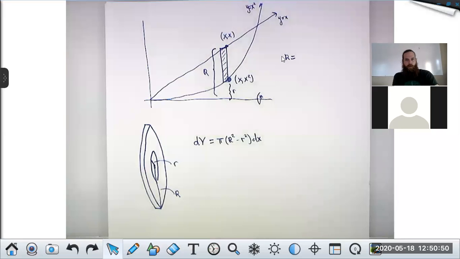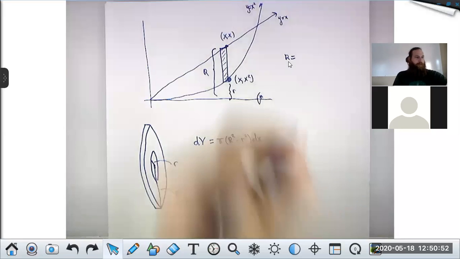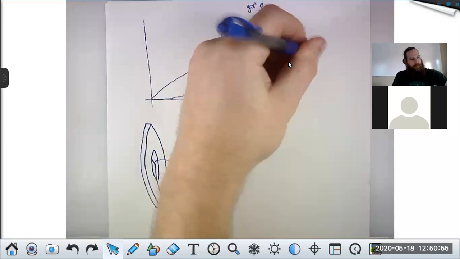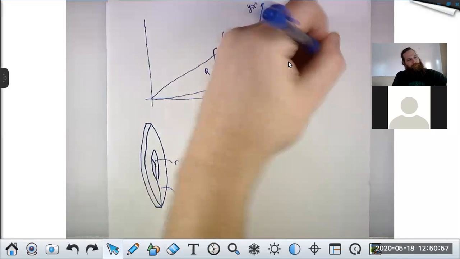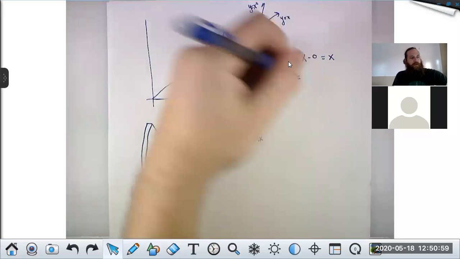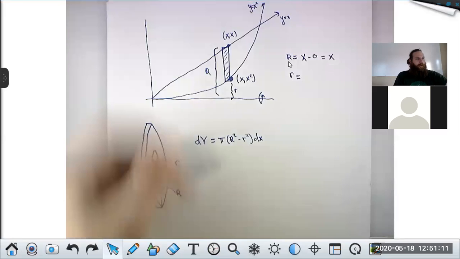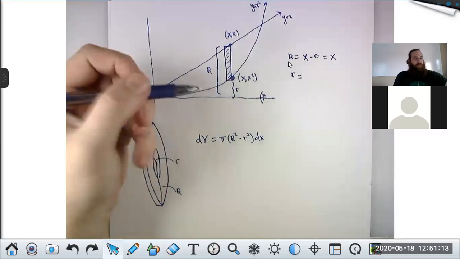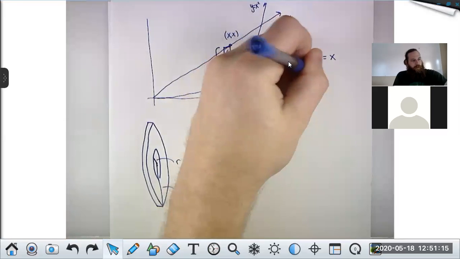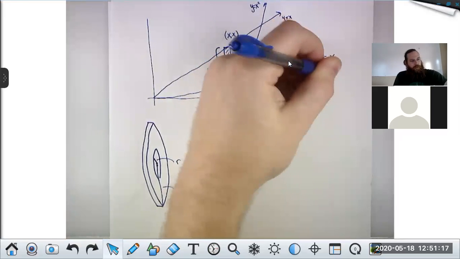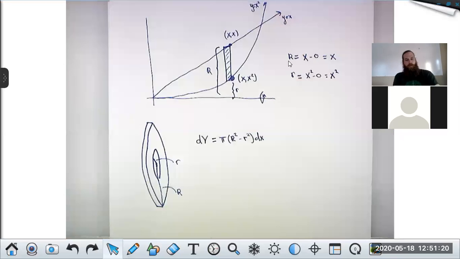Good. And what is little r? What is the distance from the axis of rotation to the nearer end of the strip? That would be this y value minus this y value, which is x squared minus 0, or just x squared. Good.